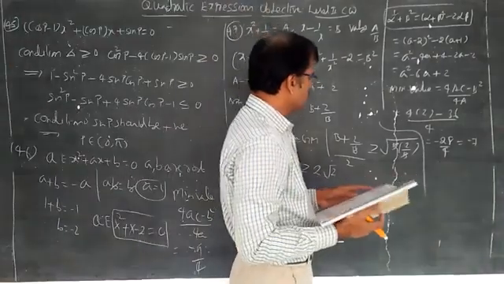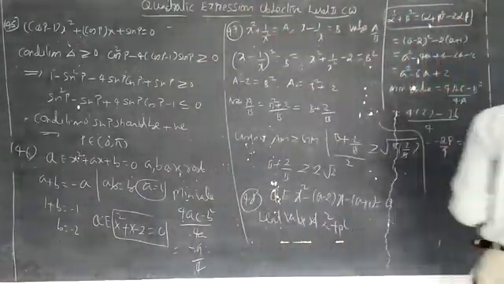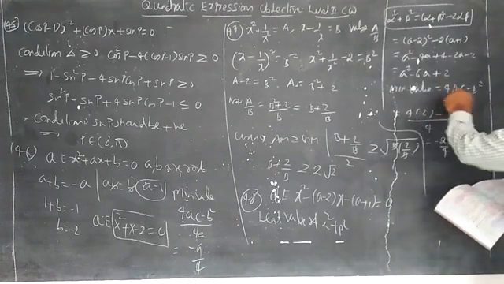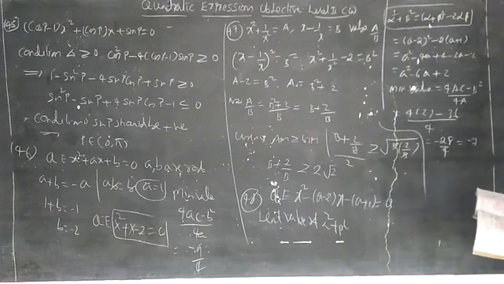Maybe once again verify: 4ac, 4 into 1 into 2, 8 minus b square, 6a, 8 minus 36, exactly minus 28.